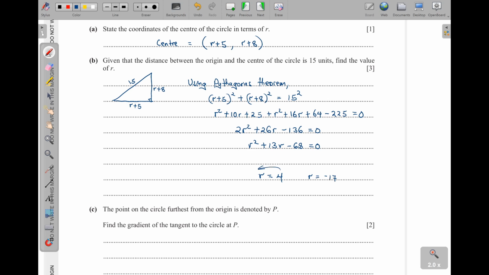You have to show the examiner that you solved the quadratic equation, so we get the factors: (r minus 4)(r plus 17) equals 0. But of course, the radius cannot be negative, so that one is rejected, and we take r equals 4.